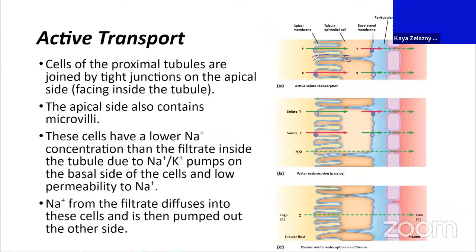We know that we have microvilli on the apical side of these membranes. And we know we've created a low sodium environment inside these cells by actively pumping sodium towards our peritubular capillaries, because we had these pumps on our basolateral membrane.